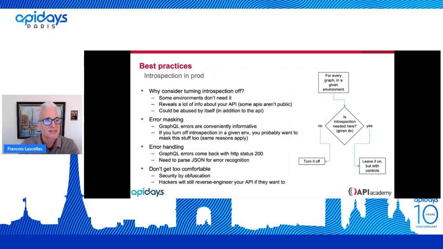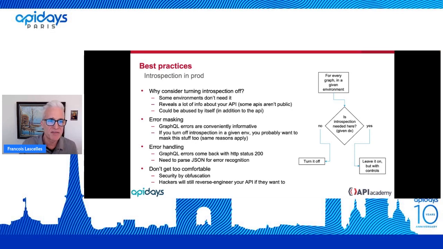So best practices, let's talk about introspection in production, because that's a question that we often get. Should we turn introspection off for our GraphQL API when we are moving into production? Why would you consider turning off introspection?